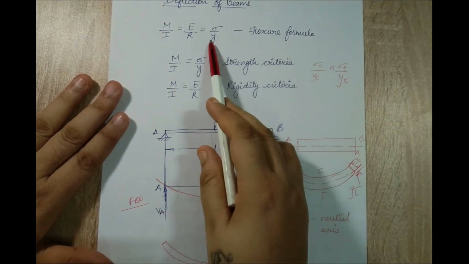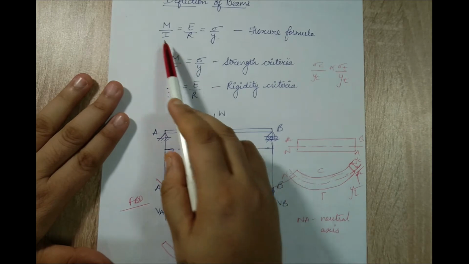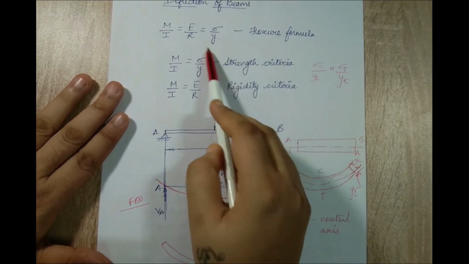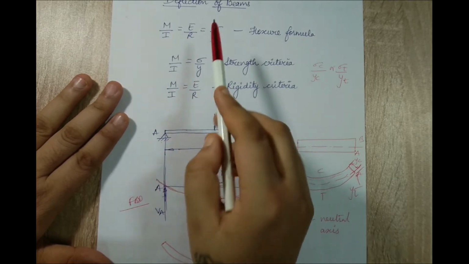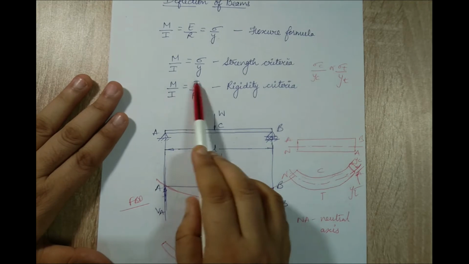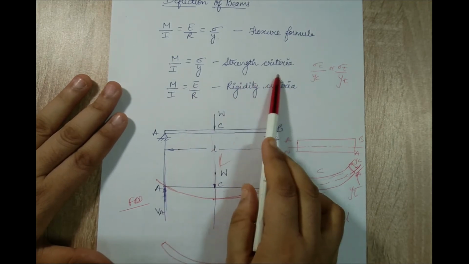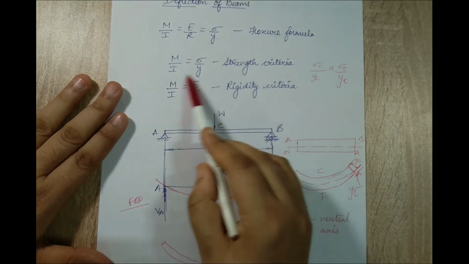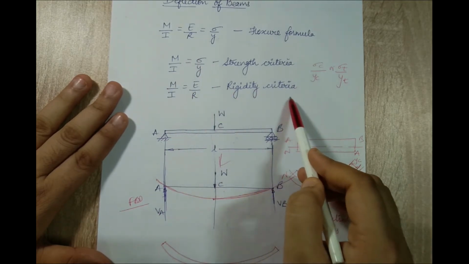Now in this formula, if I divide it into two parts, if you look carefully, M by I is equal to E by R is equal to sigma upon Y. From this, M by I is equal to sigma upon Y is nothing but the strength criteria. When I say M by I is equal to E by R, this much portion is called as rigidity criteria.